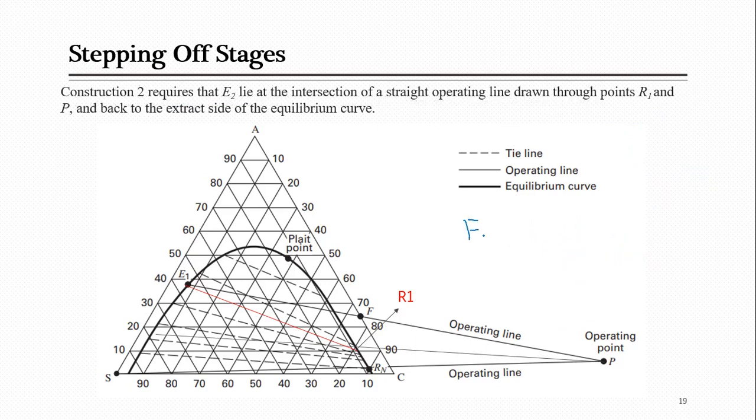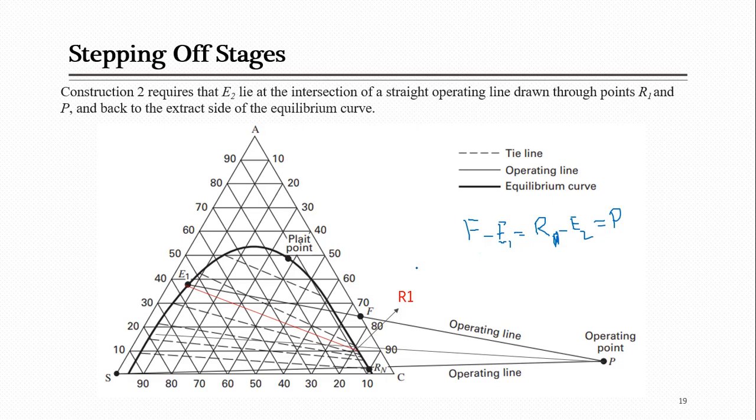On the first stage, when we applied the balance and rearranged the equation, there was F minus E1, which was equal to R1 minus E2, and each of these was equal to P. So now you can see that if I can locate E2, then, as I told you, E2 and R2 will be in equilibrium.